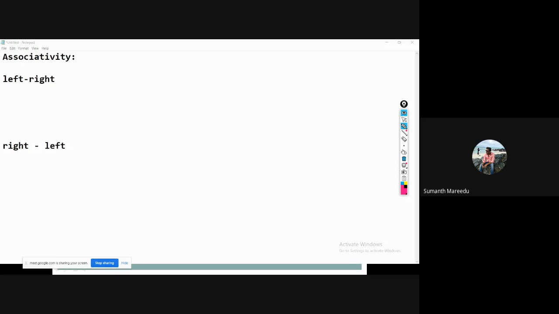If you have an expression like this, A += B += 3, and my A value is 2 and B value is, say, 6.